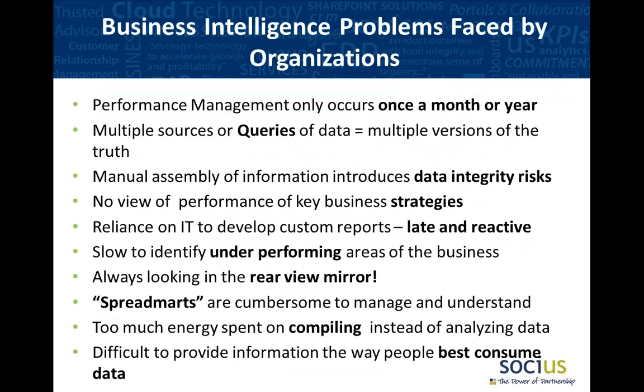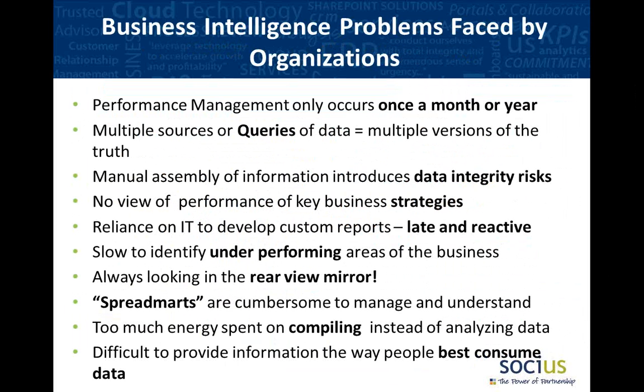Multiple versions of the truth is another one you hear a lot. I see it a lot, especially when sales organizations are reporting sales metrics one way, and then the CFO or financial people are reporting sales metrics another way, whether it's booked, whether it's sold, how it's recognized.